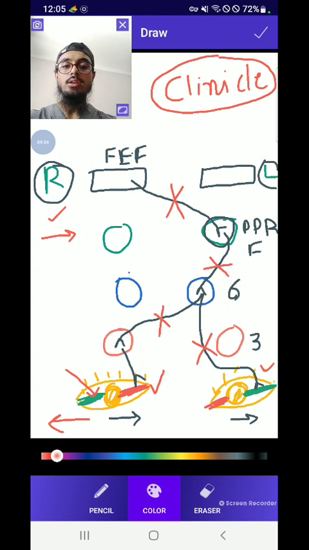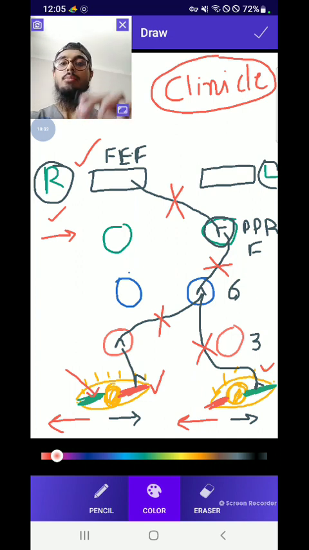In the same manner, the lateral rectus muscle of the left side is also not innervated due to damage of the nerve, so it also moves opposite to normal. So the direction of the eyes is the same as the frontal eye field. With frontal eye field damage, the direction of the eyes is the same side, towards the right side.